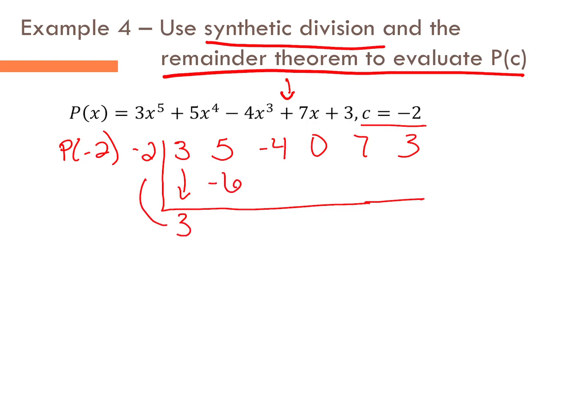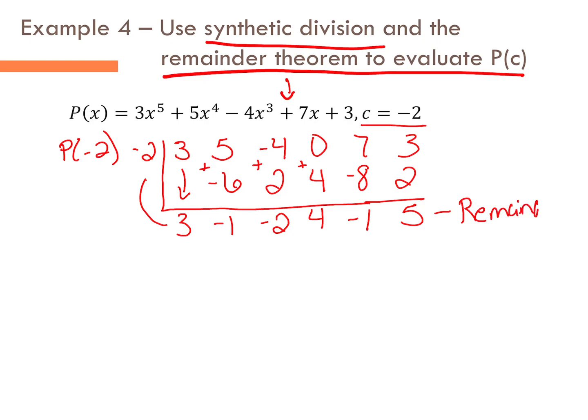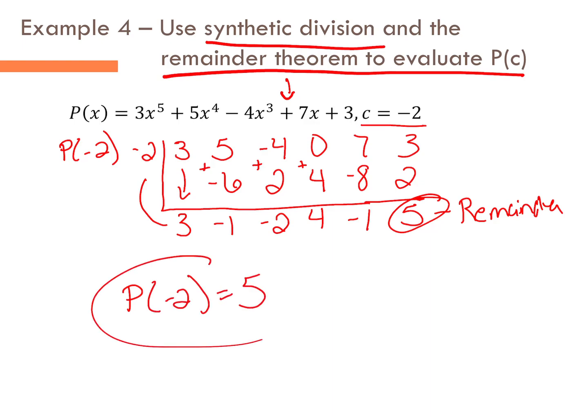Multiply, negative 6, add negative 1, multiply again, add, multiply, add, multiply, it all keeps going the same way. So again, this is my remainder, and the remainder theorem says that that's our answer. So p of negative 2 equals 5. If you plugged in negative 2 and put all that in your calculator, you would get 5. This is just another way to do that. So I have a few of those on your assignment.